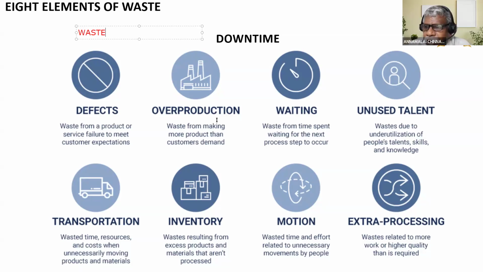DOWNTIME is an acronym, and each letter stands for a particular word. D stands for defects, O stands for overproduction, W stands for waiting, N stands for non-utilized talent, T stands for transportation, I stands for inventory, M stands for motion, and E stands for extra processing. So these are the 8 types of waste.